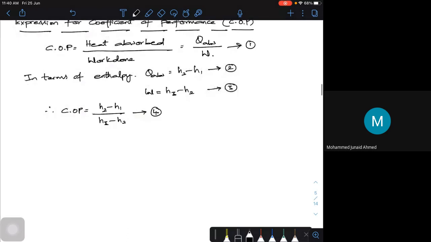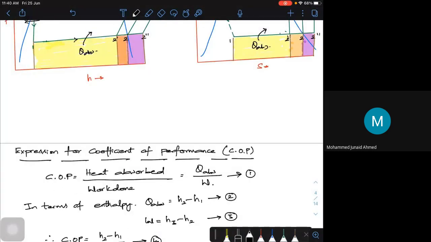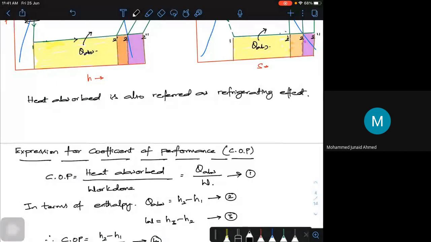In case of a refrigerator, the heat absorbed is also referred to as the refrigerating effect. What is the refrigerating effect? It is the amount of heat removed, or the amount of refrigeration that is produced.